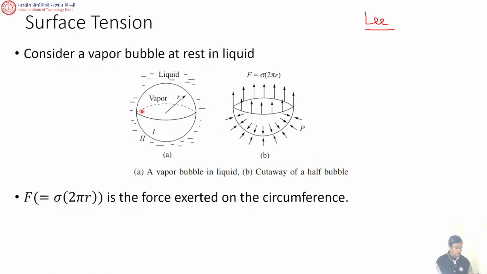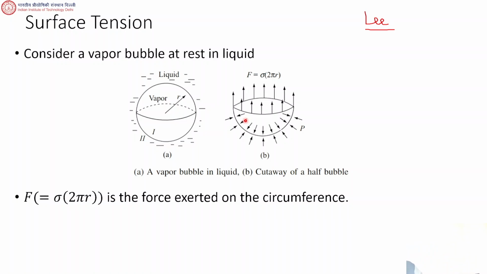So let's say you have a vapor bubble in liquid, and the vapor bubble is assumed to be spherical. Cut this in half, so you get this hemisphere. There will be a force at the circumference, on this circle, there will be some vertical forces.